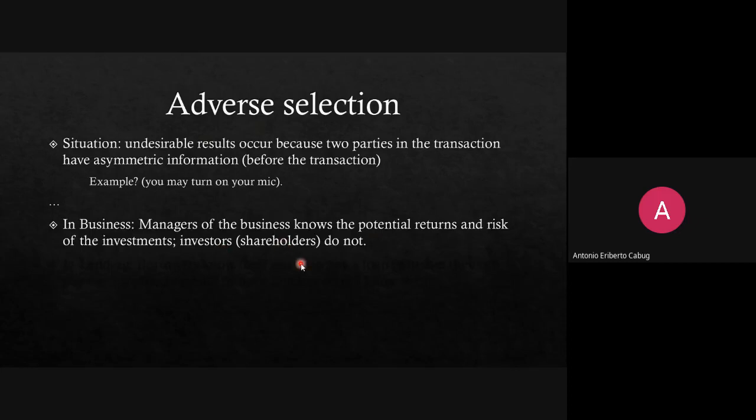So the shareholders will provide the money to the business, and the business will hire these managers. These managers have more knowledge, more information about the potential return and risk of the investments. Meanwhile, the investors who provided the funds, they do not.